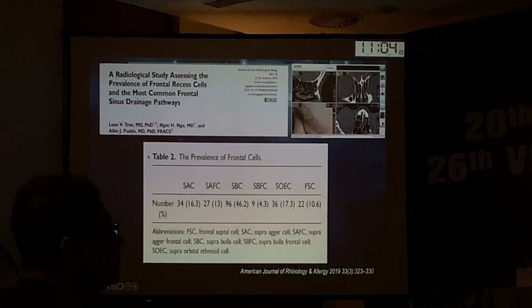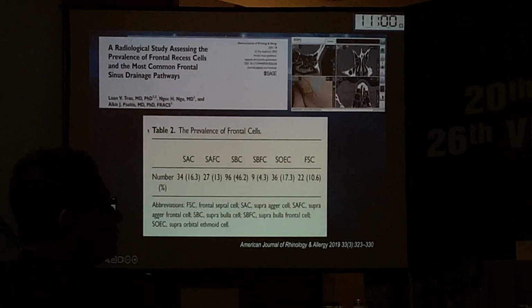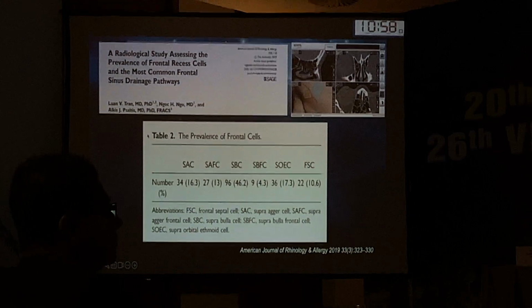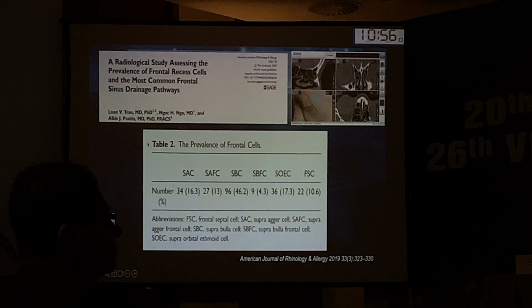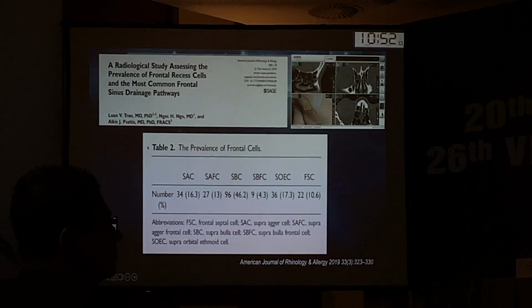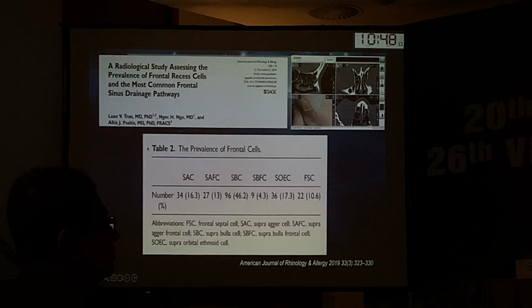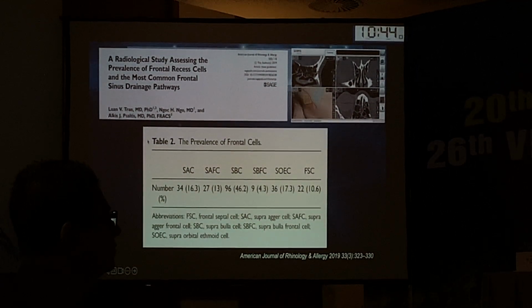We recently published a paper using the Scopic building block software, due to the ease of localizing the cell and drawing the frontal drainage pathway more accurately, to examine the prevalence of frontal cells and the most common frontal sinus drainage pathway.